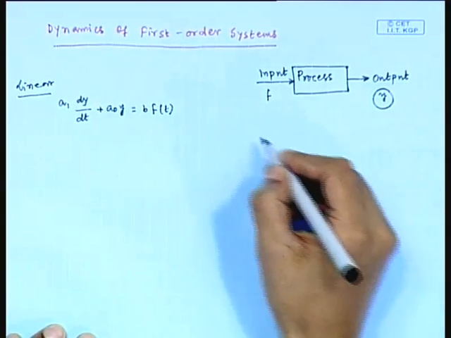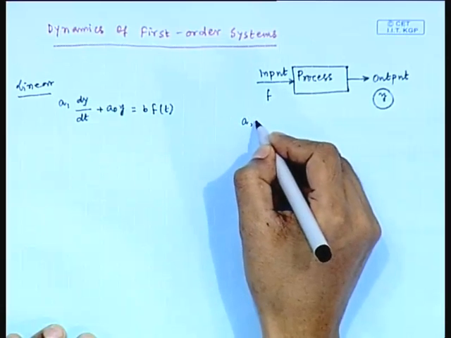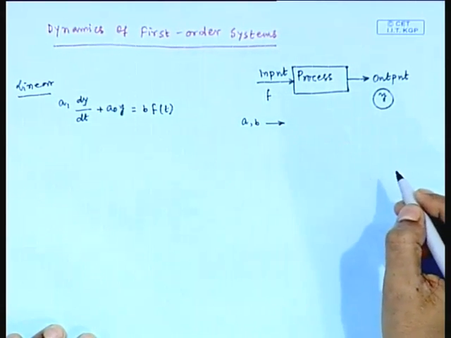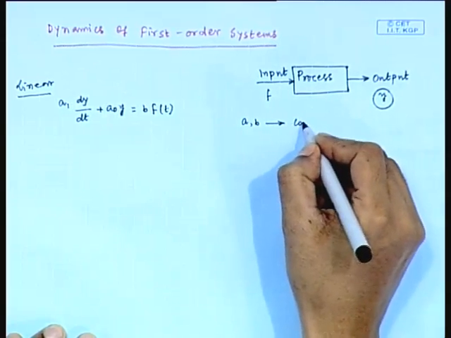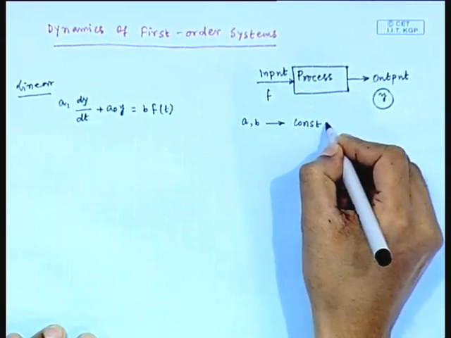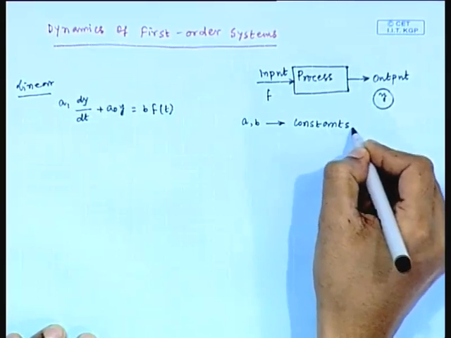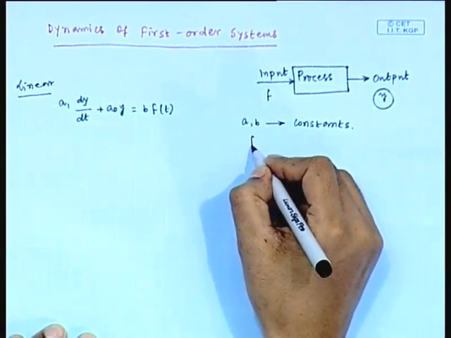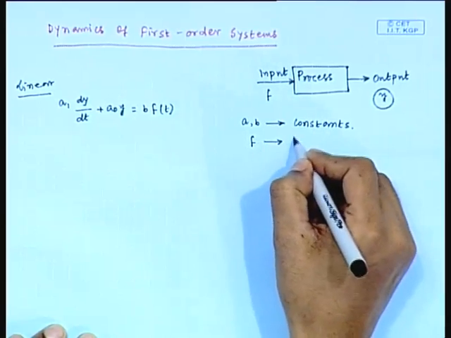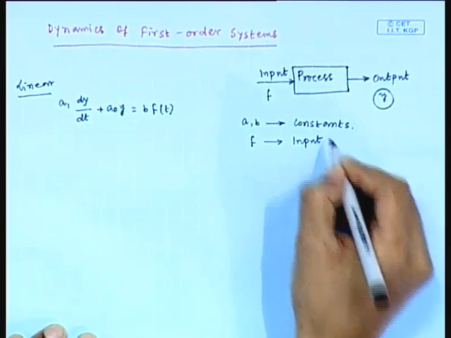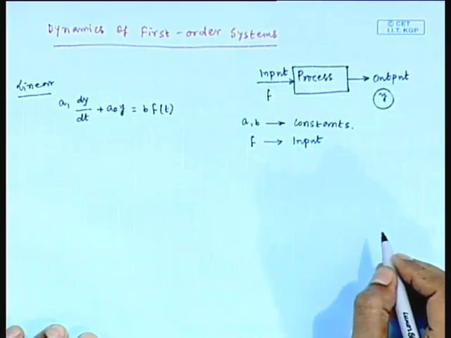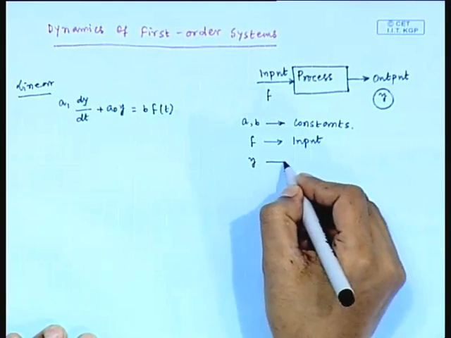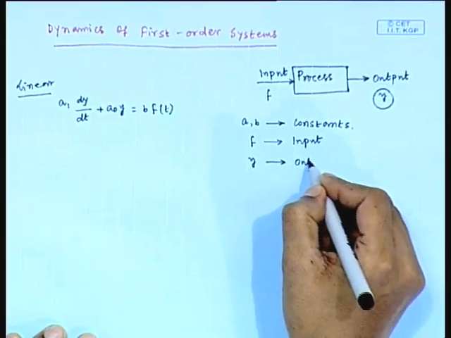Now, in this equation a and b both are constant coefficients. a and b are the constants. Fine. f is the forcing function or input, and y is the output.